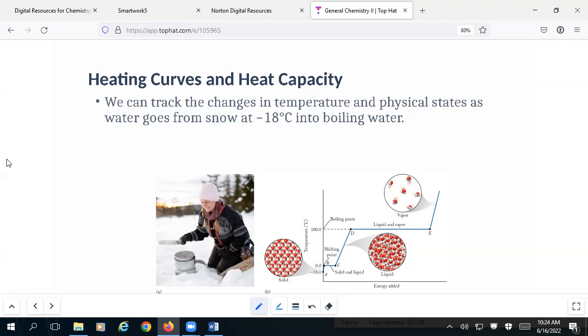You're just going to see, oh, the snow melted. Now it's boiling. But in reality, there are different stages here, and each one of those stages would require a different calculation to figure out how much heat needed to go into that substance.